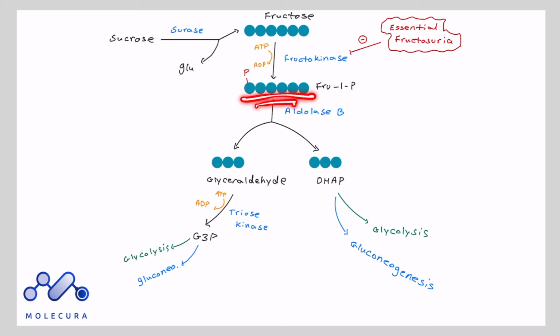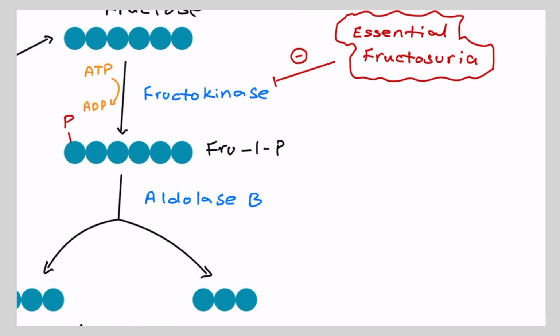Wherever that fructose is, it's trapped inside the cell. It cannot leave. And that is going to be the main cause of pathology associated with deficiency of aldolase B. This disease is going to be called hereditary fructose intolerance.